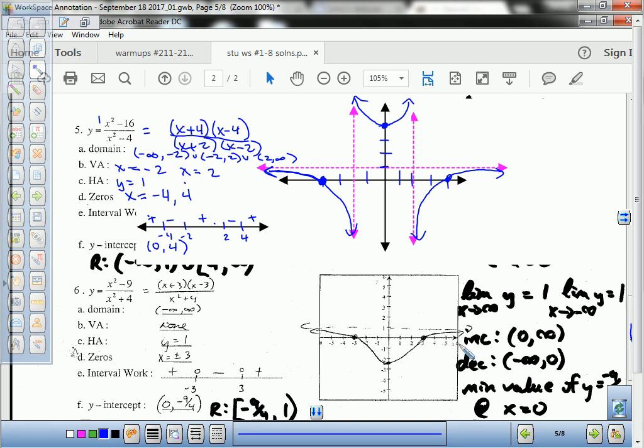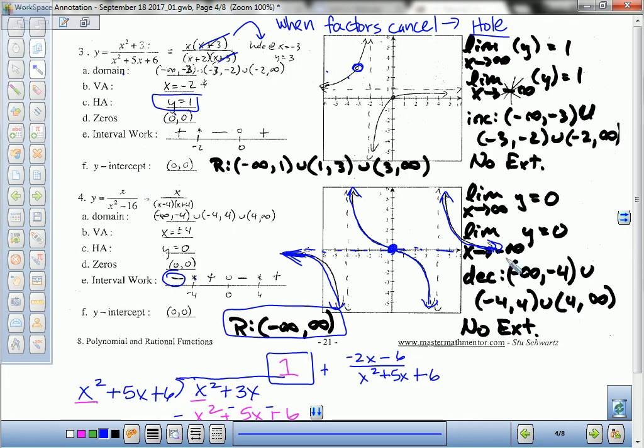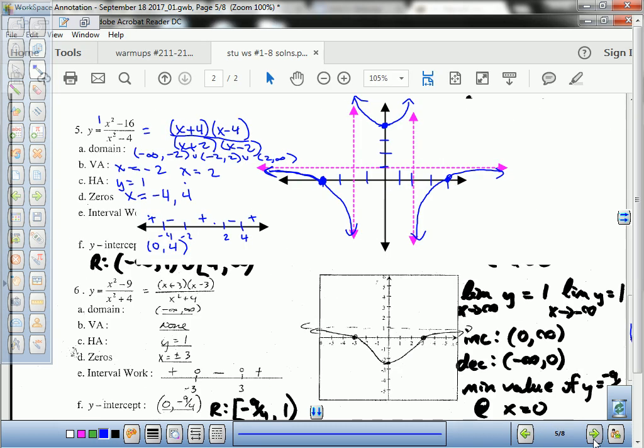In between two vertical asymptotes, the function can cross a horizontal asymptote, just like it did right here. This is a horizontal asymptote, but in between the two verticals, the function crossed it. It never will at the ends, but it can in the middle, in between verticals.